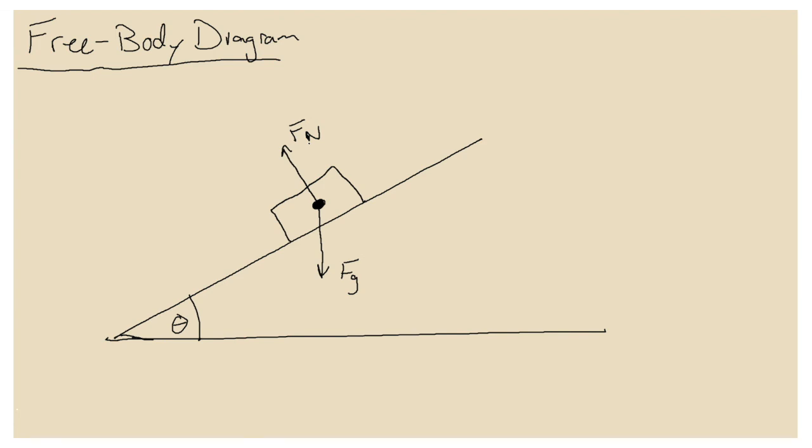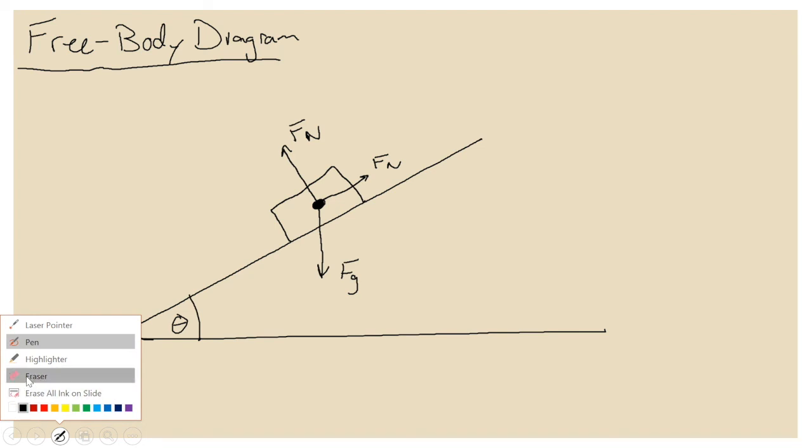And if it's moving, then it's acting opposite the direction of motion. And it should be clear to everybody that the force that's trying to make this thing move is moving down the ramp. And so that means the force of friction is going to be up the ramp, like this. And that's a friction force, and so it gets the subscript F.